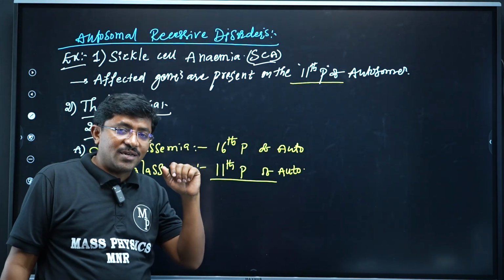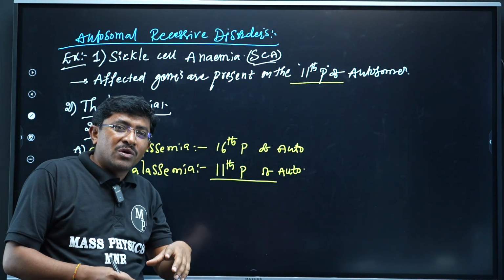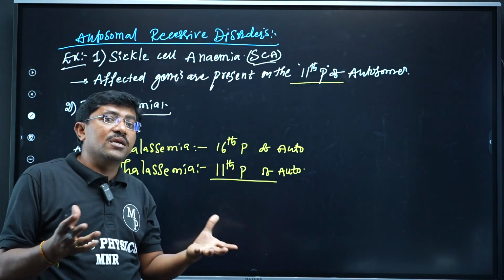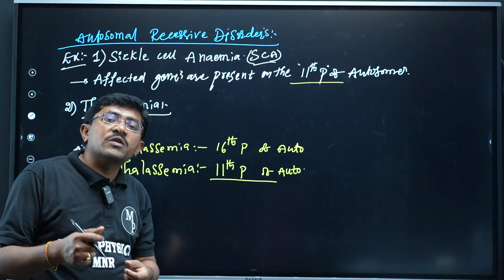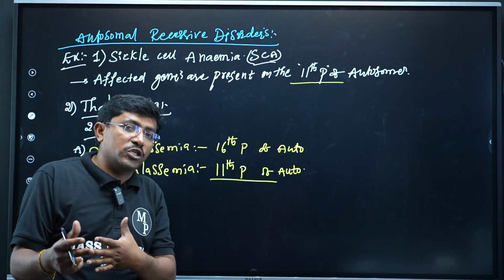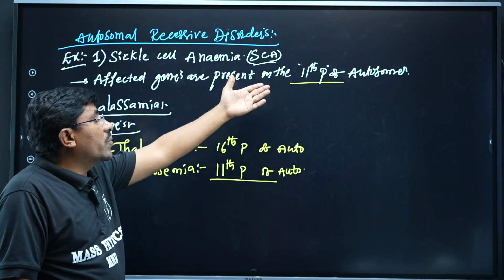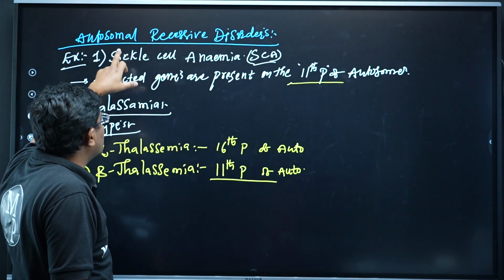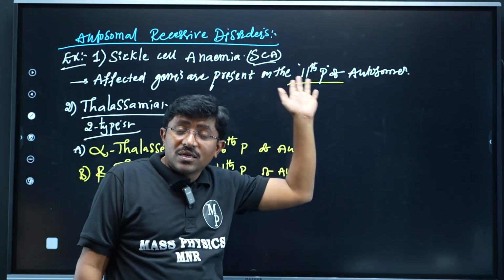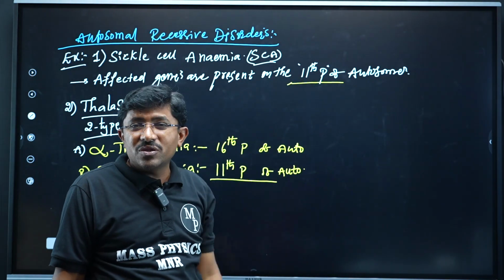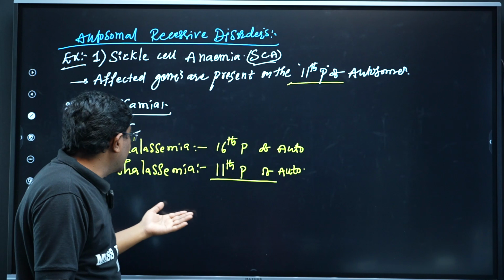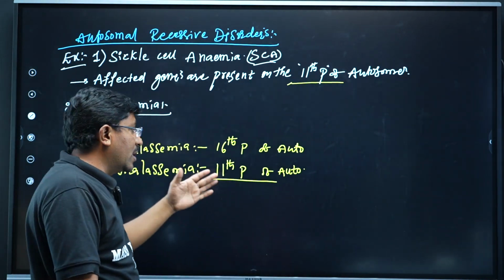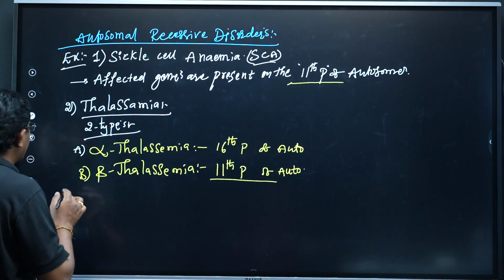A chromosome is very long, so in its total length many genes are there, and one gene is responsible for one function. One gene on the 11th pair of chromosome prevents sickle cell anemia, meaning it maintains normal RBC structure, and another gene also maintains RBC structure. I'll give the detailed information next.